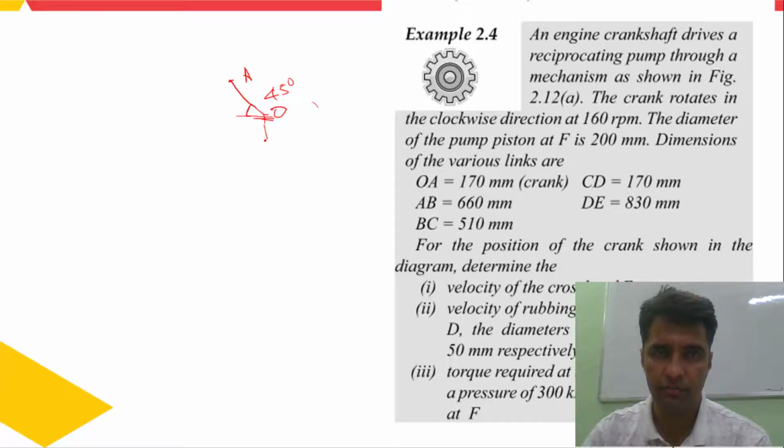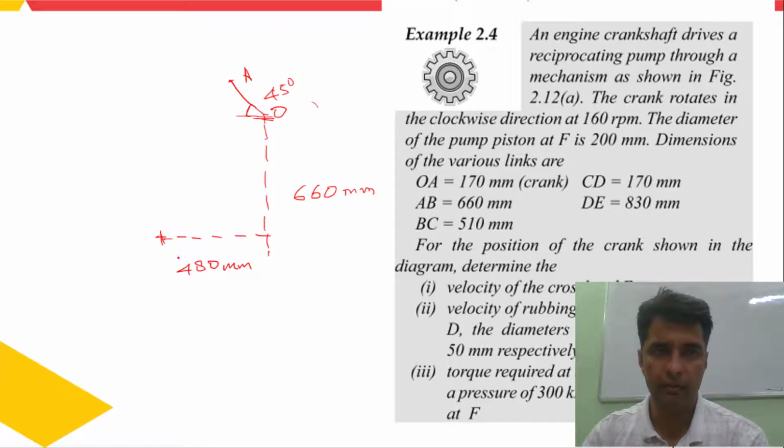Then you move downward from this point. How much downward? That is 660 mm. And then you move this side 480 mm. After moving 480 mm, this is the point which you can locate, and then you get the point C.